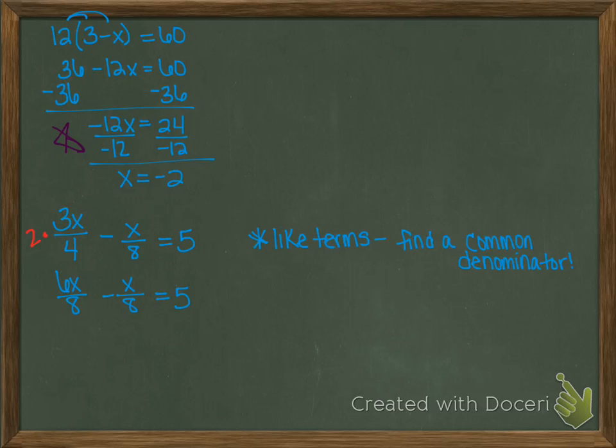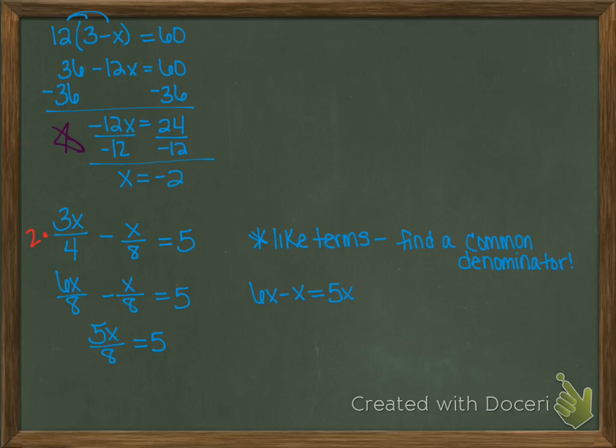The second fraction, notice the denominator was already 8, so there's nothing for me to change, so that x in the numerator stays the same. Okay. So now, just as if you were adding or subtracting fractions, we're going to subtract the numerators. 6x minus x equals 5x. And then I'm going to replace that in. So 5x over 8 equals 5.